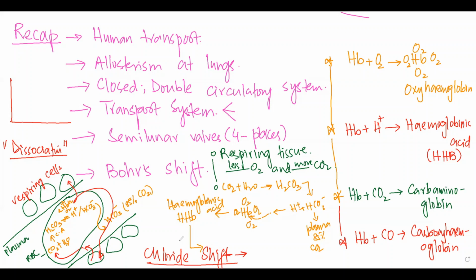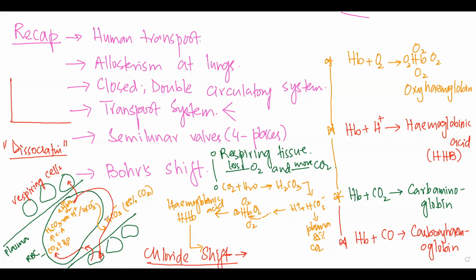Nice. And then the HCO3 negative ions that come out, does the outside become negative or positive? Children, when HCO3 negative ions move out of RBCs, will the outside of RBC become positive or negative? Outside will become negative, no?